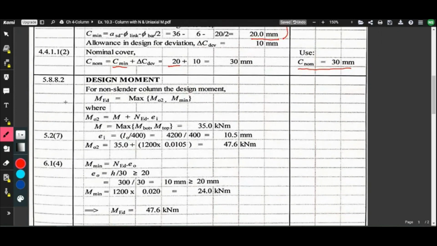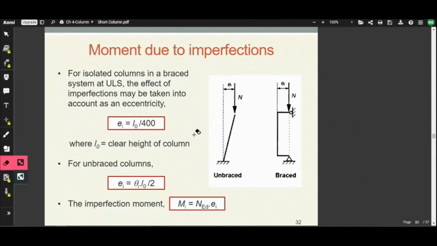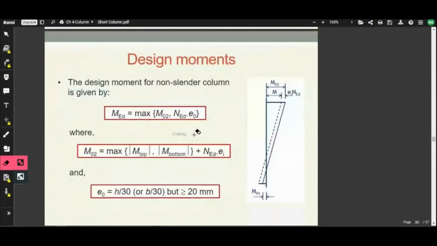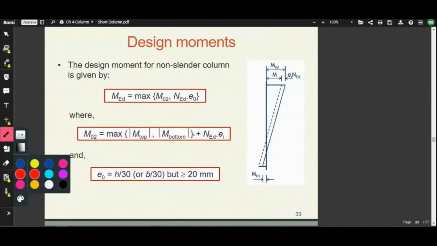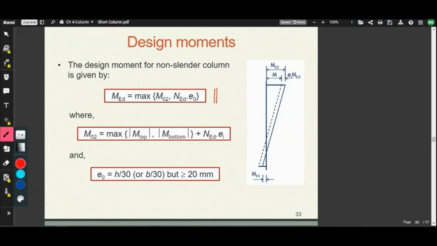If you refer to my updated notes, the design moment for a short column is given by MEd equals the maximum of M02 or NEd times e0. M02 is where you have to find the maximum of the absolute M top or M bottom, plus the M imperfection.